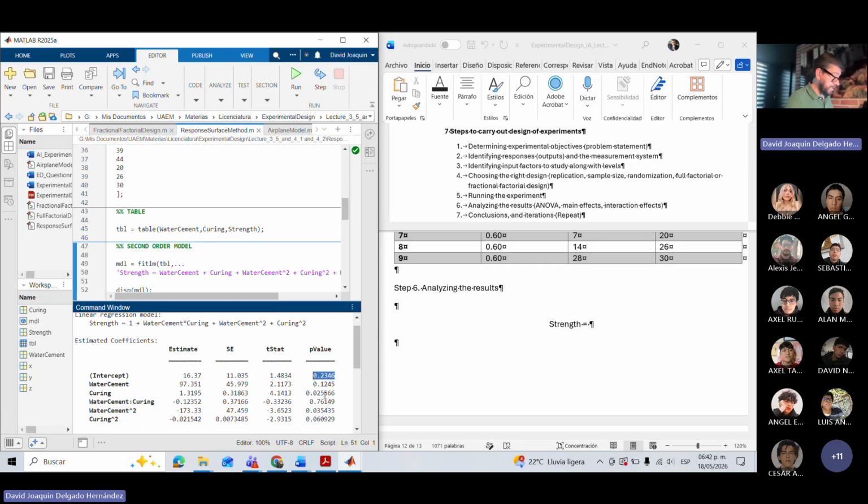So I include it in my model. The first term to include will be the curing. The coefficient is 1.3195 times curing.